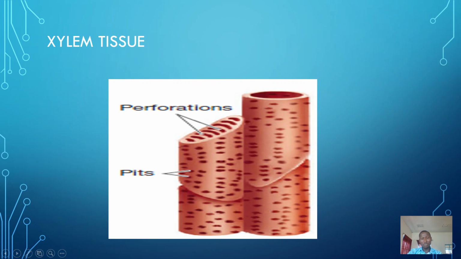They have these openings or cavities to allow water to be transported through them. These cells are fixed onto each other on both ends to provide a continuous column or tube for transportation of water.